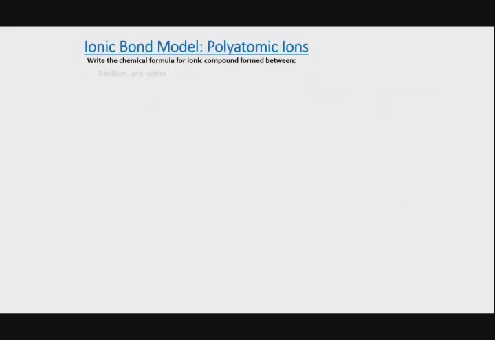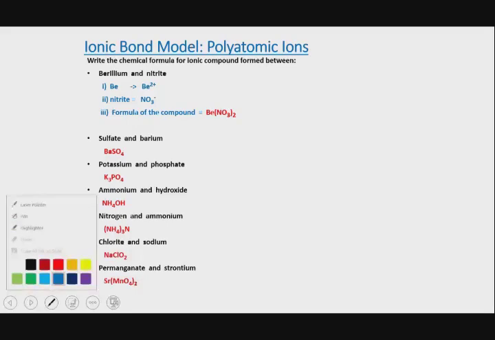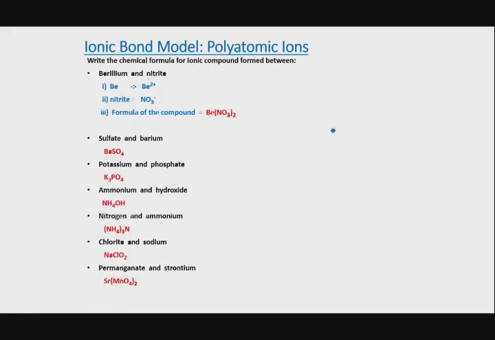If you are done, you probably got these answers. Once again, please remember that the cation goes first in the chemical formula, followed by the anion. And then the other goal when you're writing the chemical formula is that the subscripts give us the lowest whole number ratio.